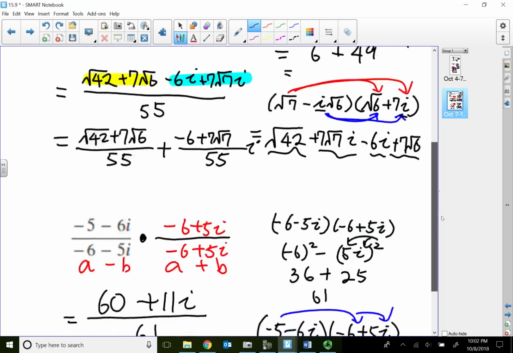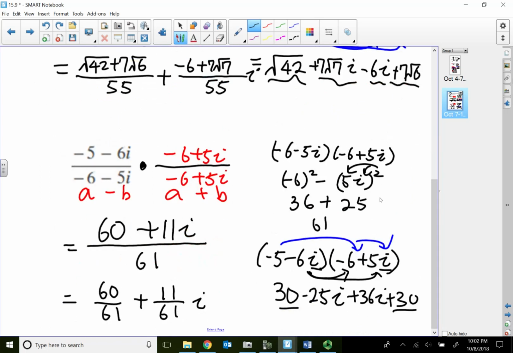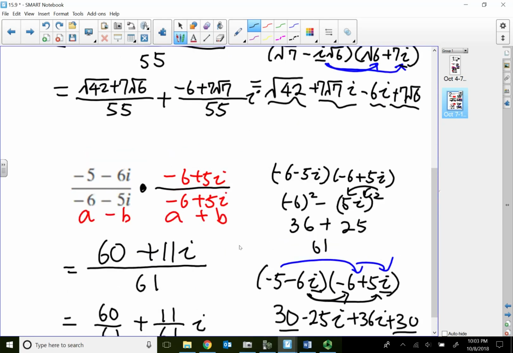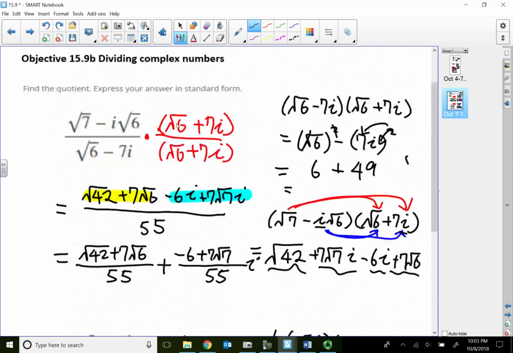Now, a lot of these problems can be done in the graphing calculator. One of the main reasons why I did not show you how to do this in the calculator is that if we run into problems involving radicals, the calculator might not always give me the answer that I'm looking for or what the homework is looking for, because calculators tend to take radicals that are not perfect squares and give you a bunch of decimal answers.